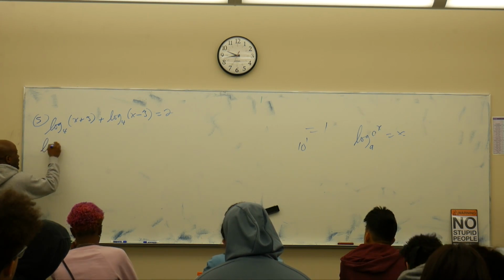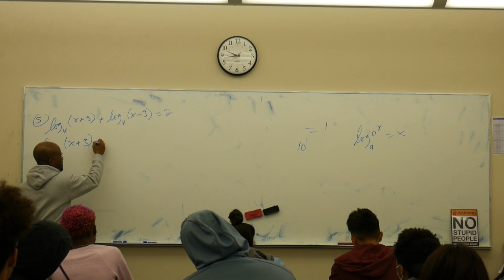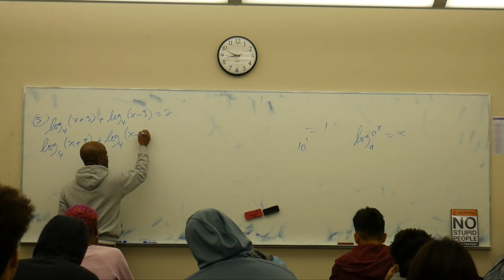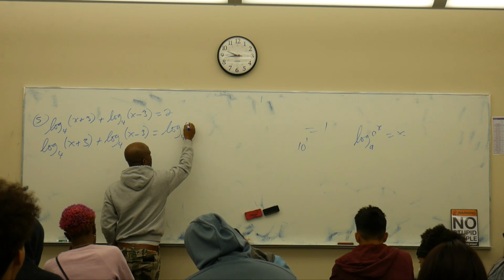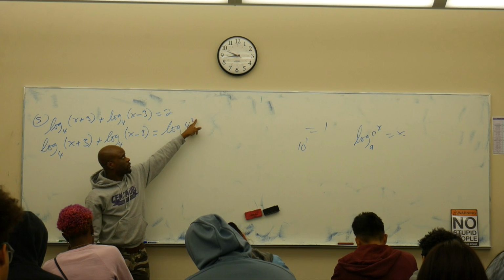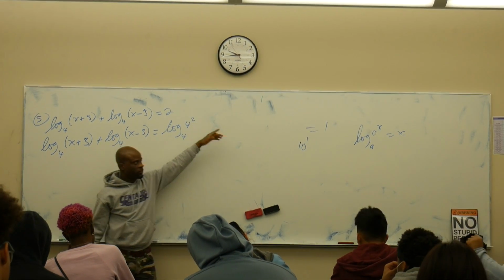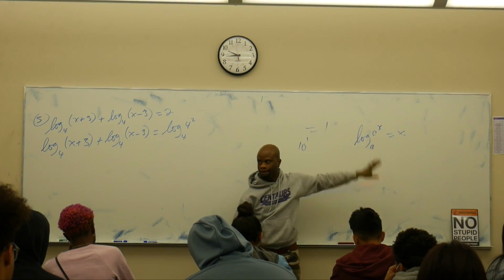This side is still log base 4 of x plus 3 plus log base 4 of x minus 3. Now this side becomes log base 4 of 4 squared. See? Log base A of A to that is still that. So there's still 2, just from this property.